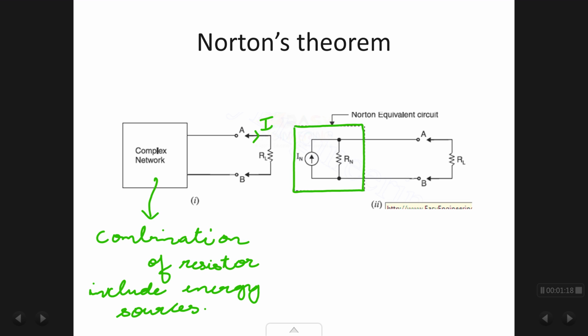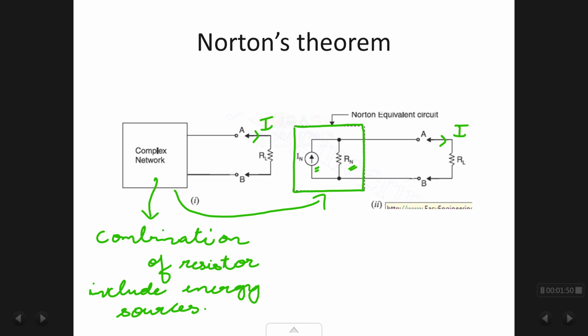This dotted block contains a current source and a resistance Rn, both in parallel. So the complex network is replaced with this, and this block is called a Norton's equivalent circuit. The same load resistor is put over here, and ultimately you find the current over here.